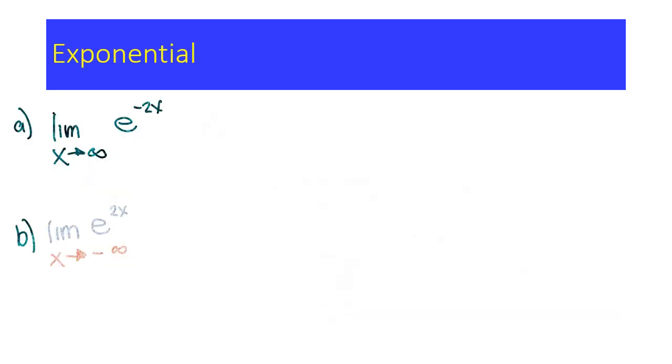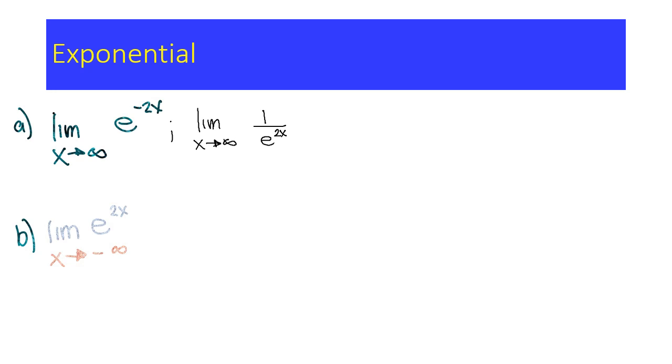We have an example on exponential. Letter A, if we are asked to evaluate the limit of e to the negative 2x as x approaches infinity, we can use our knowledge in algebra to rewrite this. We can rewrite this as the limit of 1 over e to the 2x as x approaches infinity.